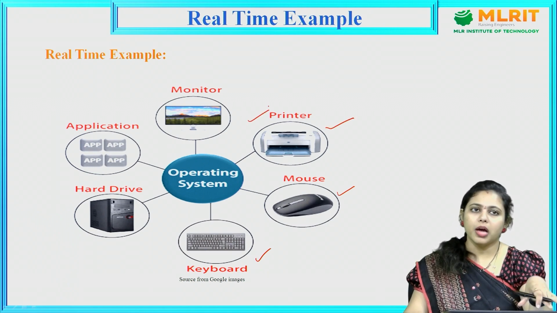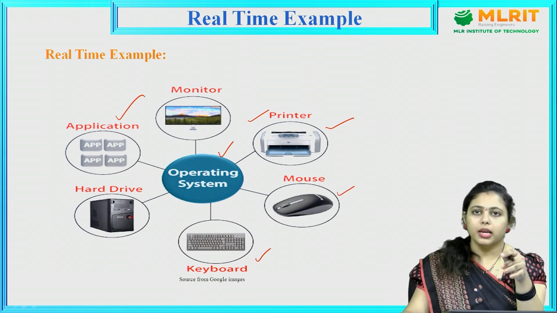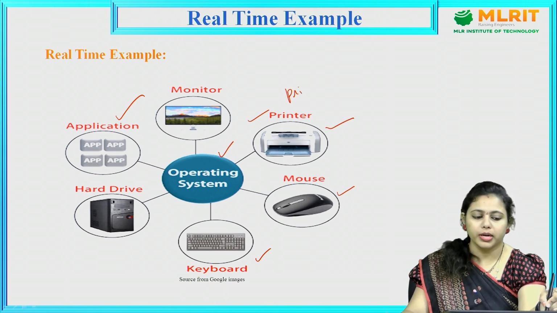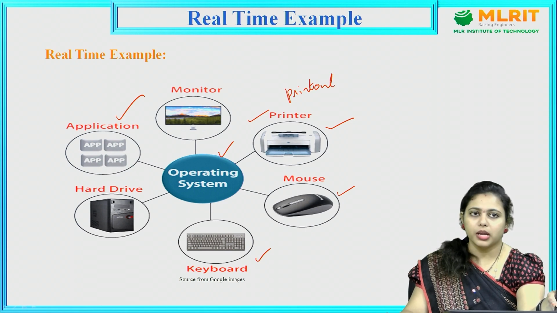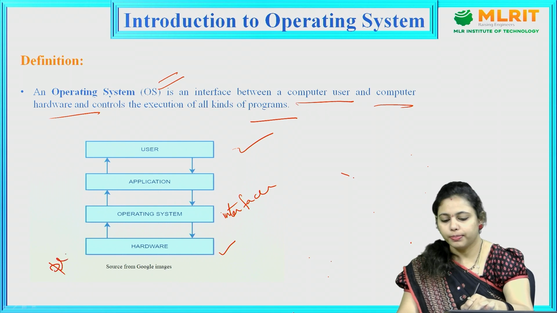All these hardware components should work collectively, which means I need an operating system where it should install all these drivers, and only then can my user work with the applications. For example, if I want to take a printout, let us see how this is going to work. Here my hardware is nothing but a printer.